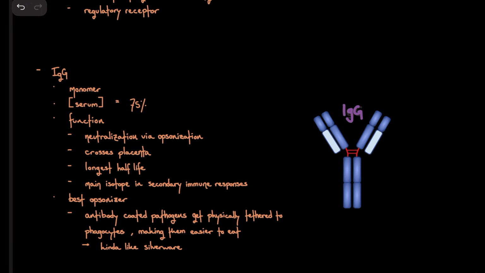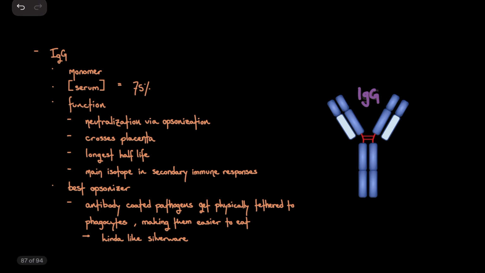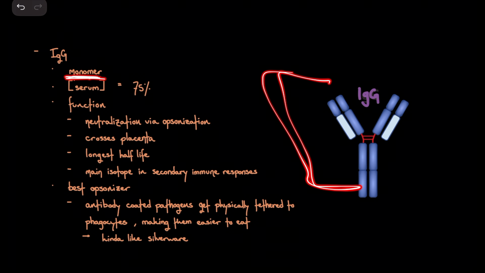Now we get into the star player, right? This is the MVP of our antibodies. IgG, the most prevalent antibody in our system. It is running around as a monomer, so just one, mono. Excellent opsonizer.